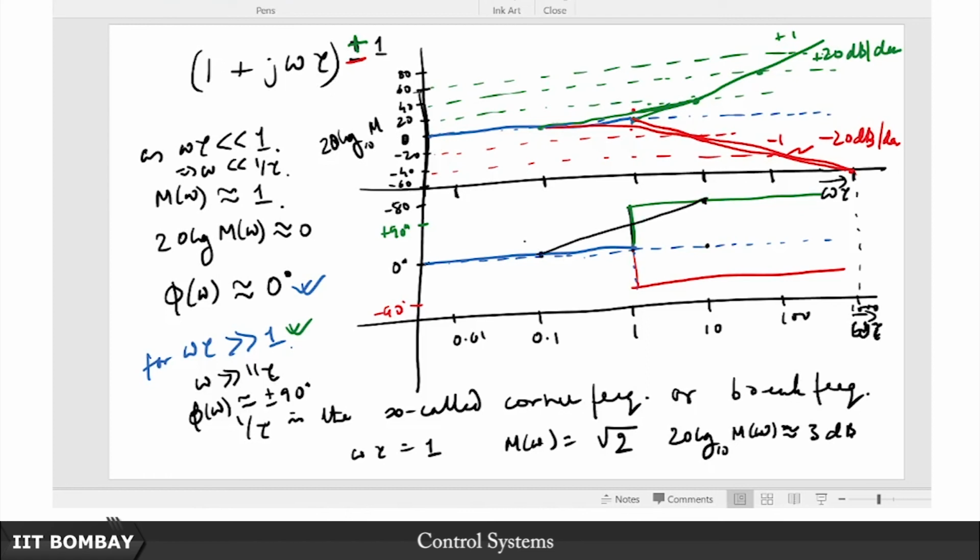So the overall plot for +1 will look something like this, and the overall plot for -1, sorry I should have drawn this with a green, they make it appear like this. So that is one approximation of the asymptotes to make it appear continuous.